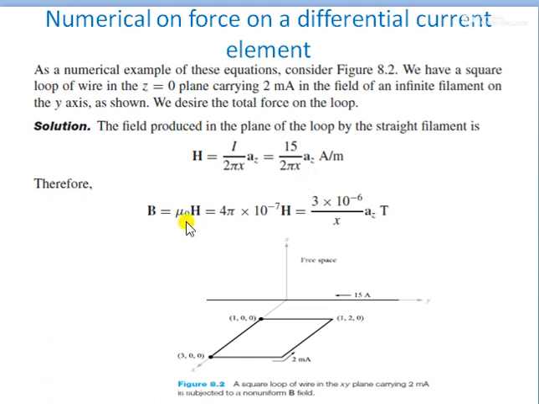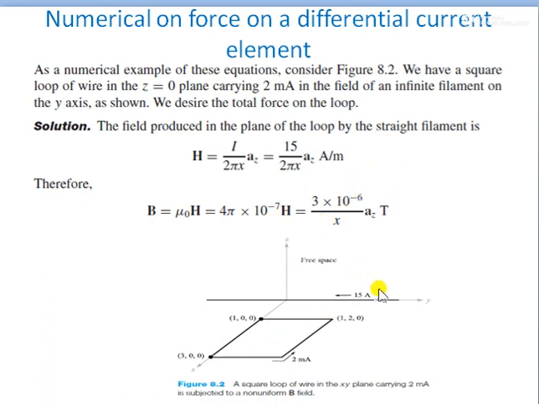Now B is equal to mu naught H, which is 4 pi into 10 raised to minus 7, so this will be 3 into 10 raised to minus 6 by x az. That is, by putting the value of H in this equation, you will get this much.